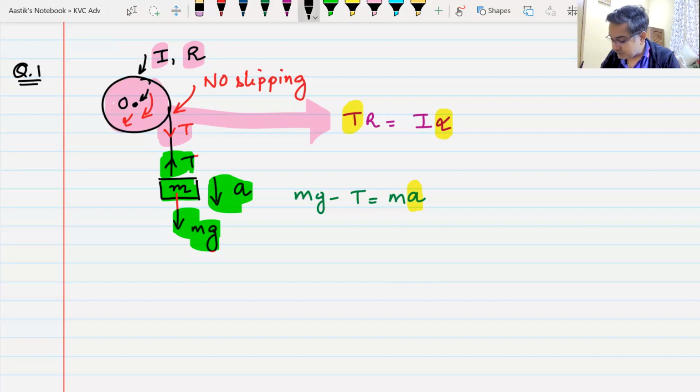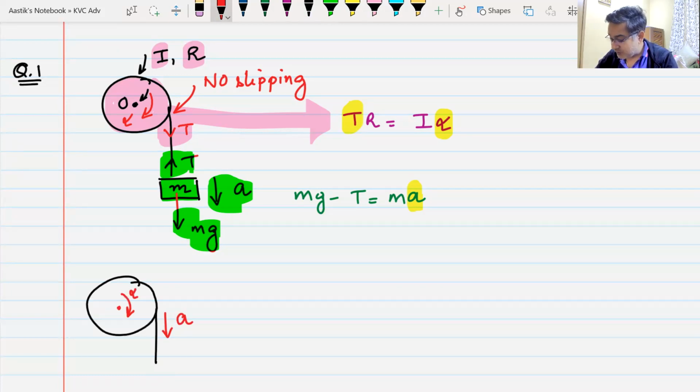What is the condition of no slipping? Look at this pulley and look at this rope. Remember, this rope is going down with an acceleration A, and this pulley is rotating with an angular acceleration alpha.